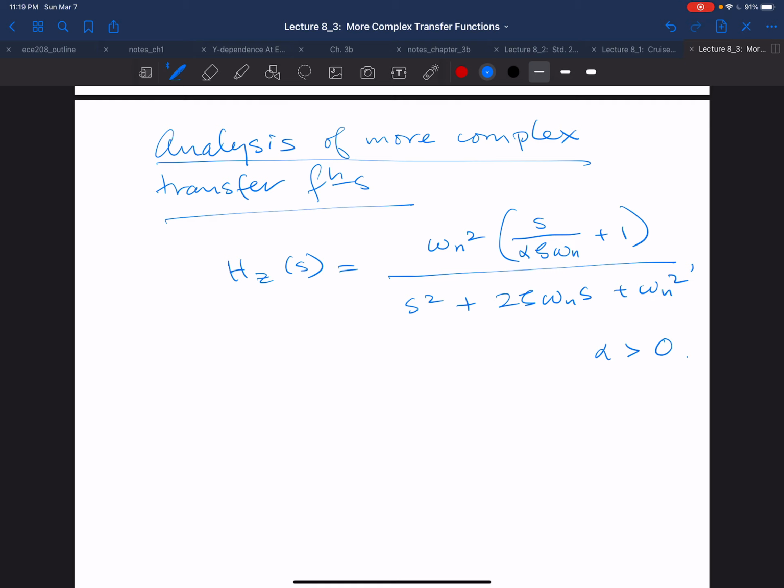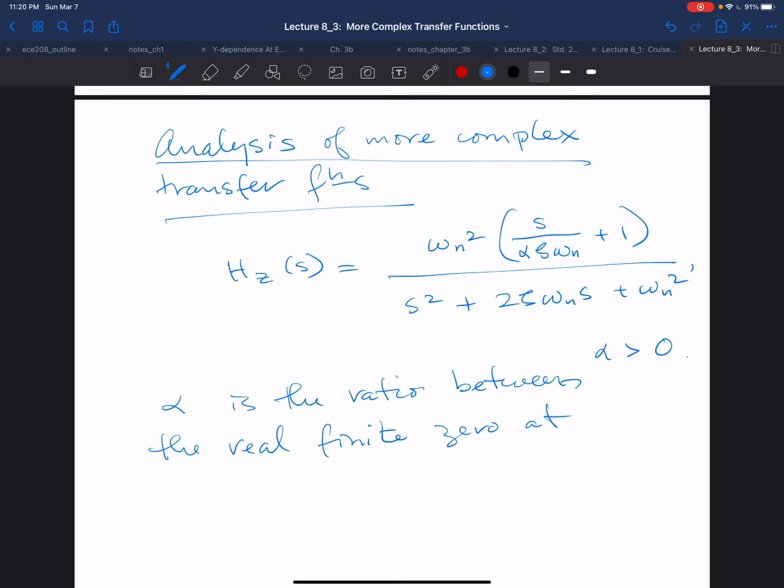So this alpha is the ratio between the location of the finite zero, namely at minus alpha zeta omega n, so that's a real valued finite zero, minus alpha zeta omega n.